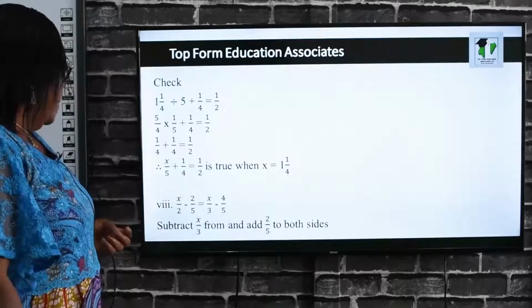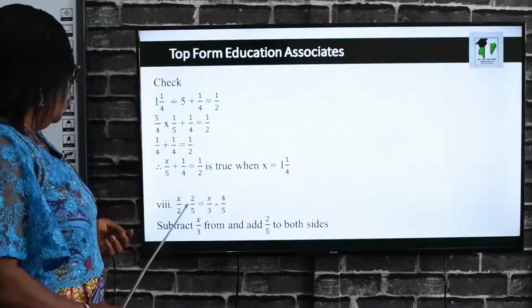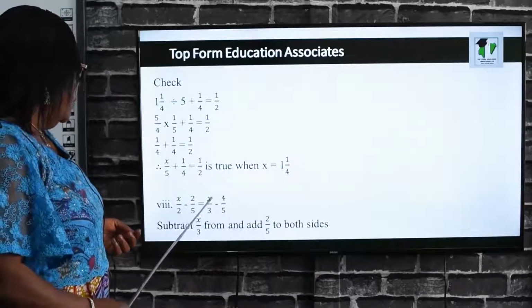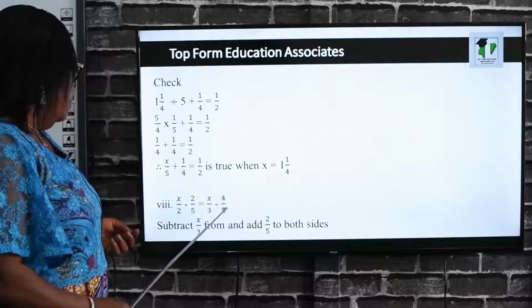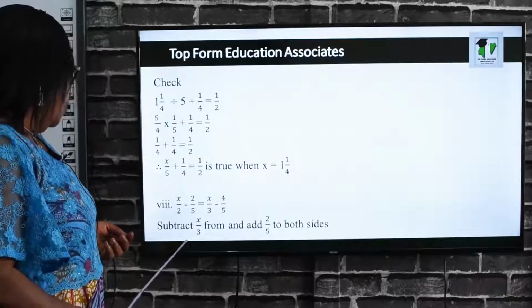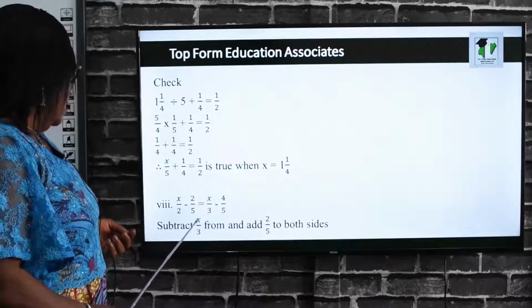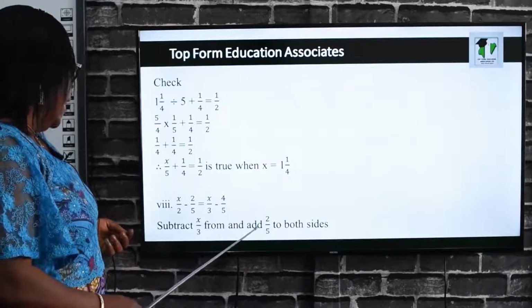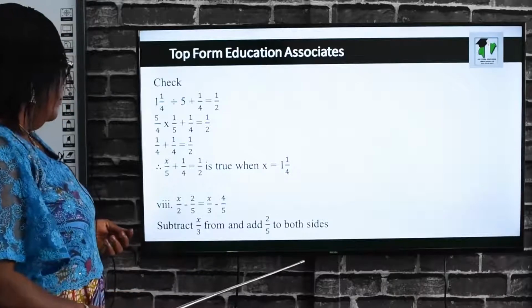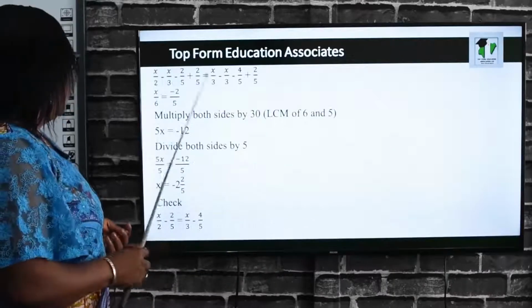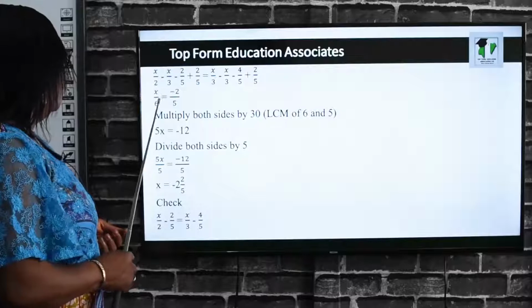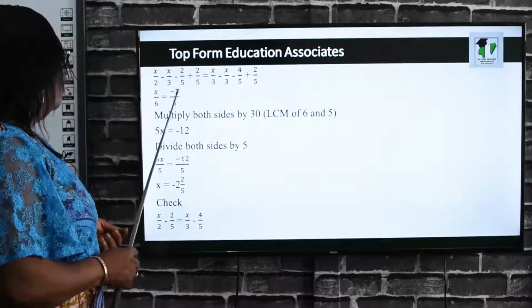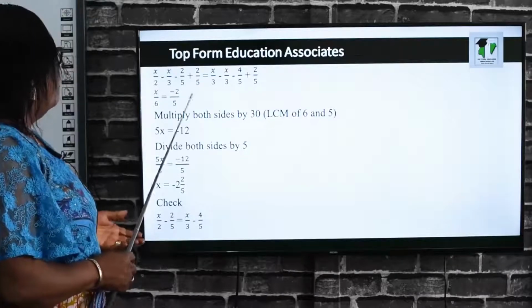Example 8. x over 2 minus 2 over 5 is equal to x over 3 minus 4 over 5. We subtract x over 3 from both sides and add 2 over 5. When we do that, we have that x over 6 is equal to minus 2 over 5.